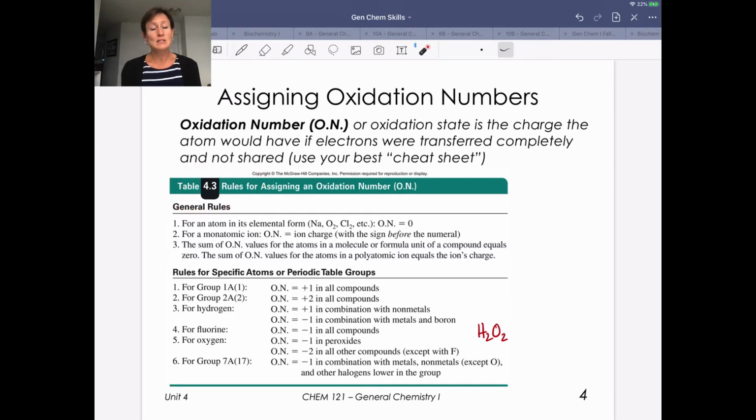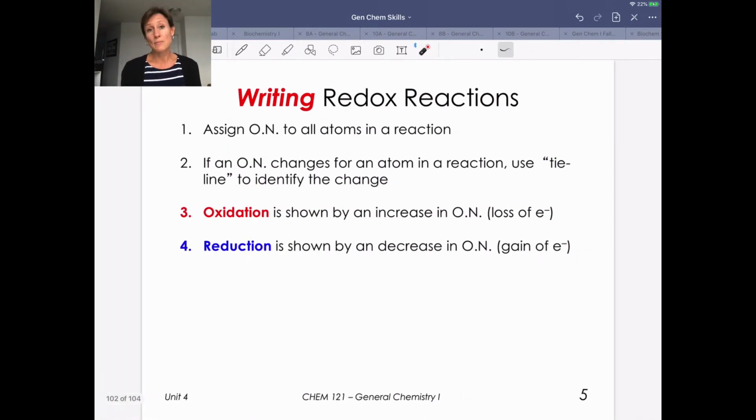This is not something that's provided for you. Largely, this is information we could get from our best cheat sheet, our periodic table, but some things aren't necessarily written on the periodic table. Things in their elemental form will have an oxidation number of 0, and when we're considering polyatomic ions, we need to make sure that the sum total of the oxidation numbers equals the total charge on the ion. That'll make sense as we go through an example.